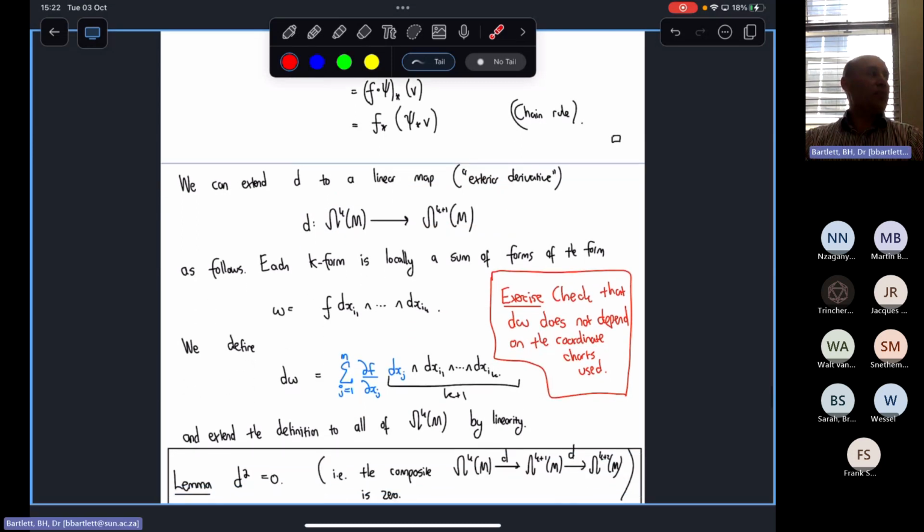And here's the key point about this construction: if you do it twice, then it's 0. In other words, if you start with a k form and you apply d to get a k plus 1 form, and you apply d again to get a k plus 2 form, then the result will be 0.